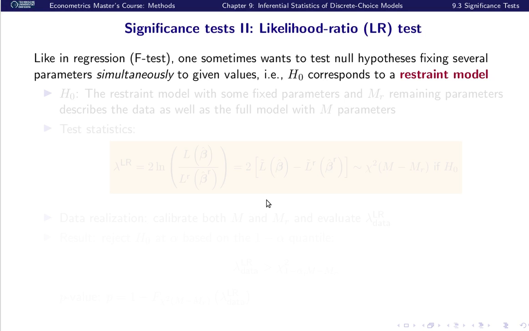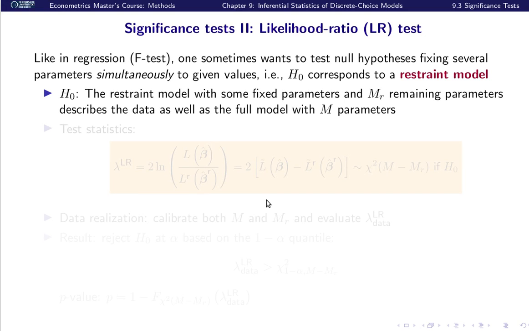That's in effect just a restrained model, the full model at fixed parameter values. Pretty much the same is also available for discrete choice models and for maximum likelihood as a total. Again, the null hypothesis says the restrained model MR, that means the model with just R remaining parameters, describes the data as well as the full model.